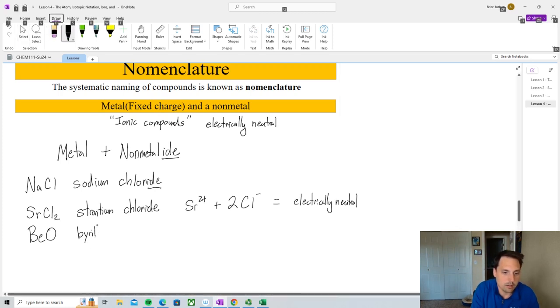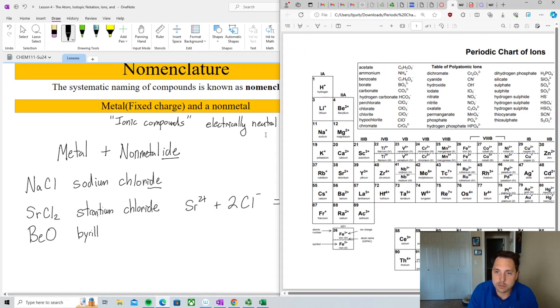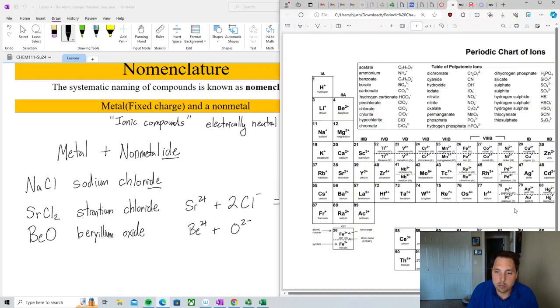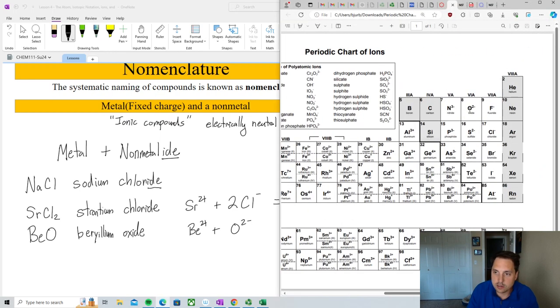BY. I think that's right. I have to look it up. No, it is BE. Okay, and the reason why it's BeO is because 1 beryllium is a 2+ charge, and 1 oxygen is typically a 2- charge. We can see that right here.